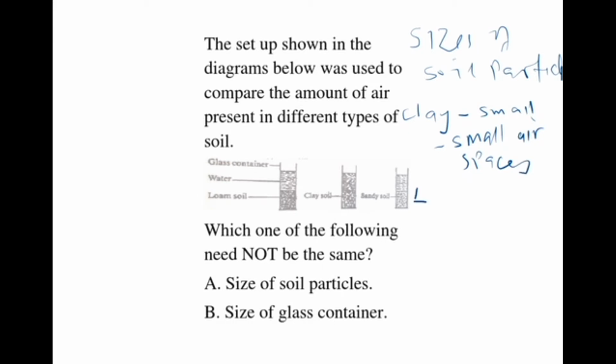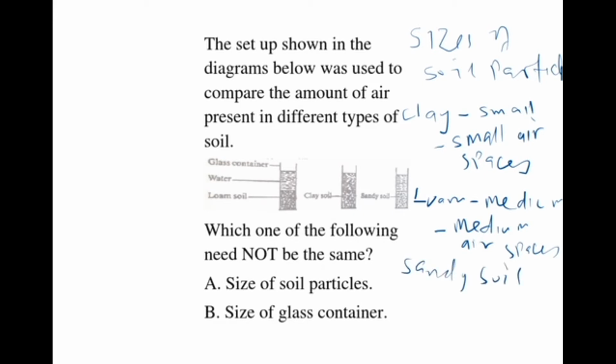Then we have loam soil. It has medium soil particles, meaning that it has medium air spaces. Then we have sandy soil. It has large soil particles. Therefore, it has large air spaces.